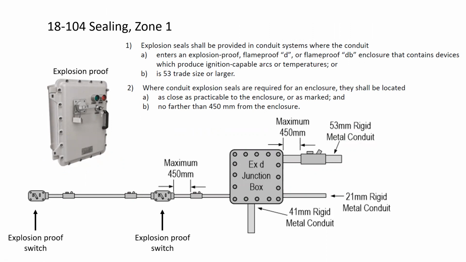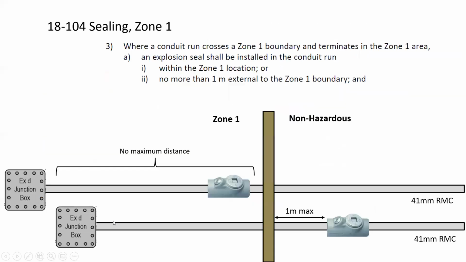Okay, so 53 trade size or larger. And when I read that sentence, there's no indication that it has to do with an explosion-proof enclosure or non-explosion-proof enclosure. It simply means that if I have a 53 trade size or larger conduit, I need an explosion seal in it. So let's take a look.